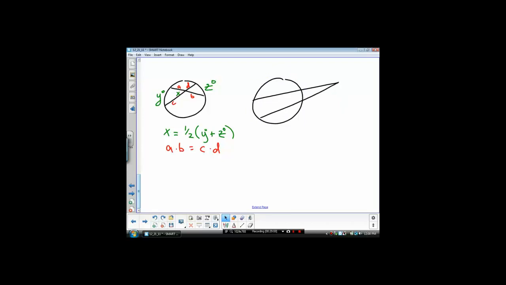What we know is that the angle, which let's call x, and if this is y and z, the angle x is 1/2 the difference of y and z.